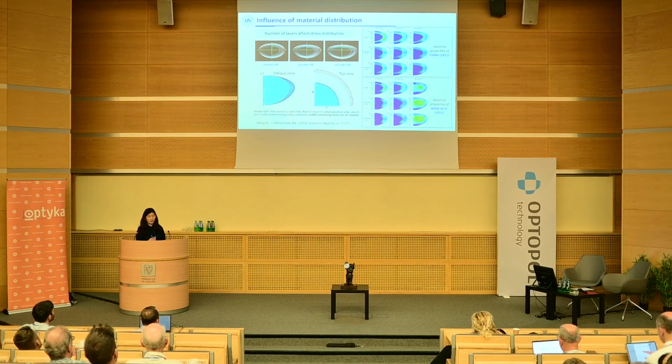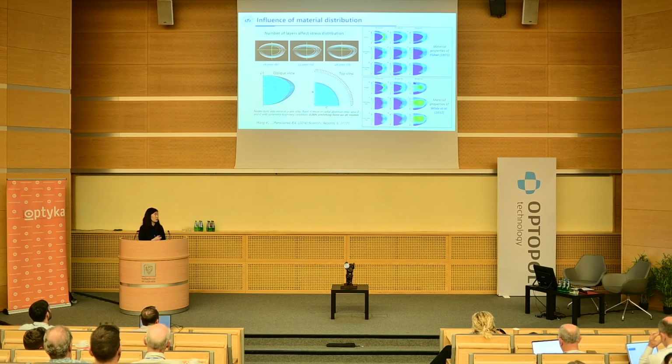We also compared 2 sets of material properties, reported either by Fisher or by the Oxford group. And it is interesting that we found that when the cortical modulus is lower than the nuclear modulus, the highest stress, which is the last column here, is concentrated in the equatorial region of the nucleus. But when it is the opposite, there is a clear stress boundary between the nucleus and the cortex.